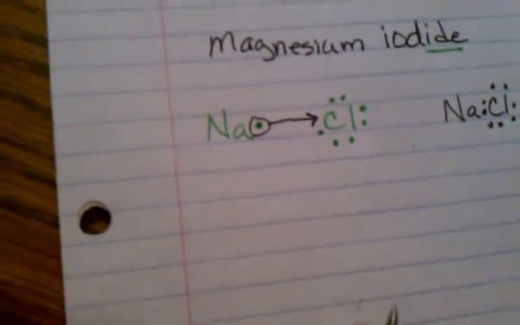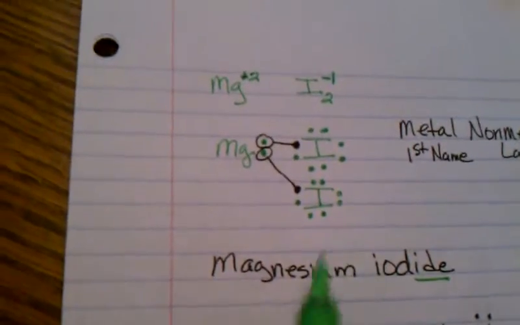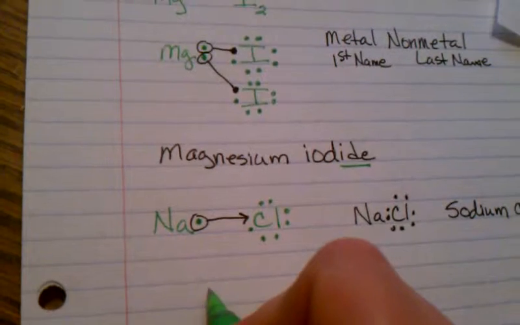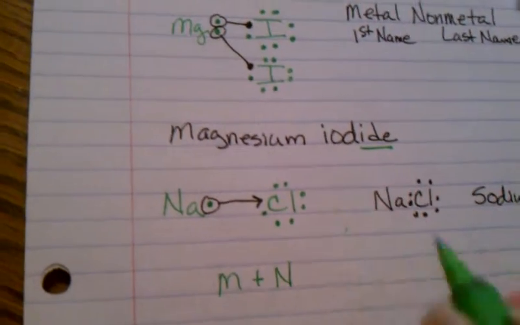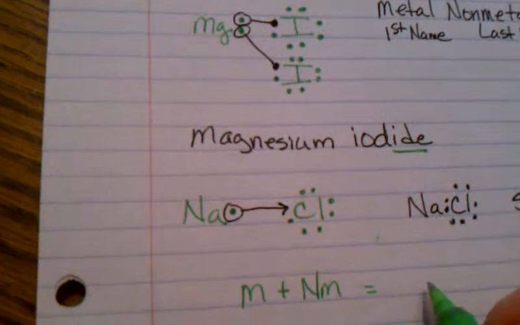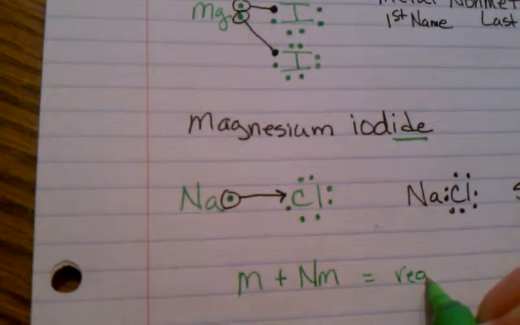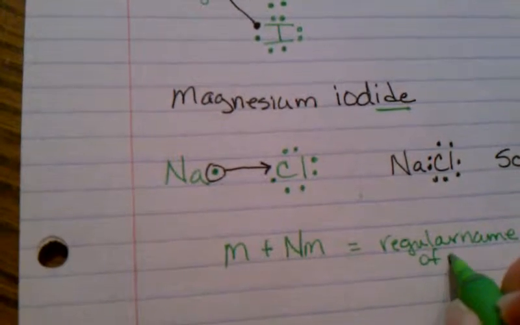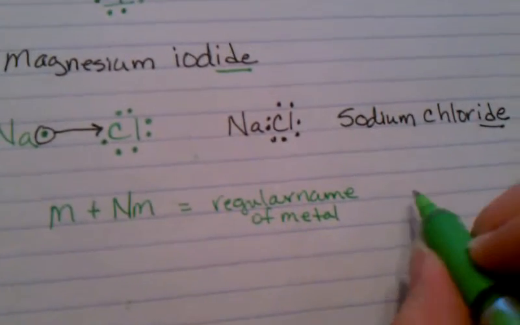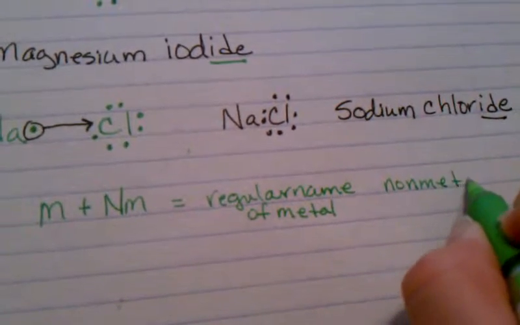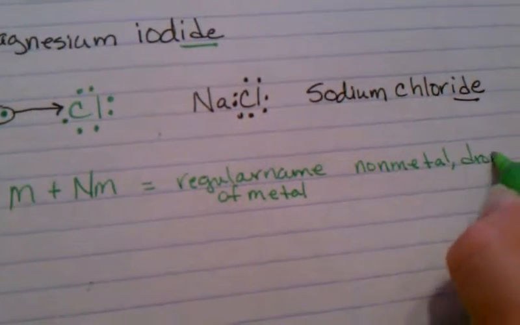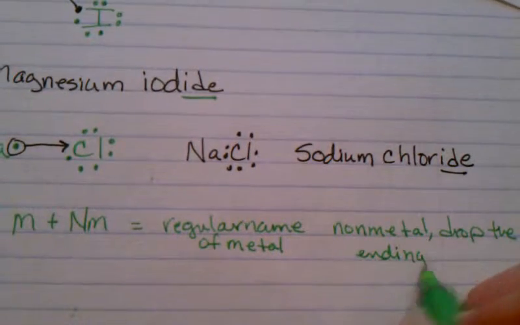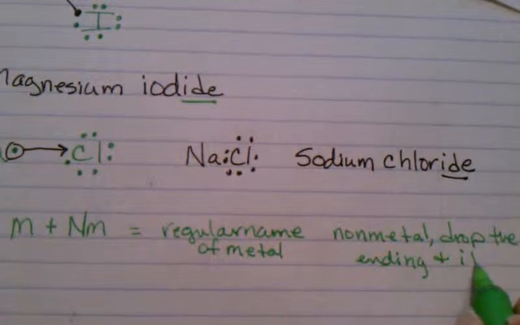If you'll notice, this is a metal on the periodic table. So when you have a metal and a non-metal getting married, you take the regular name of the metal, and you take the non-metal, you drop the ending, and you add IDE.